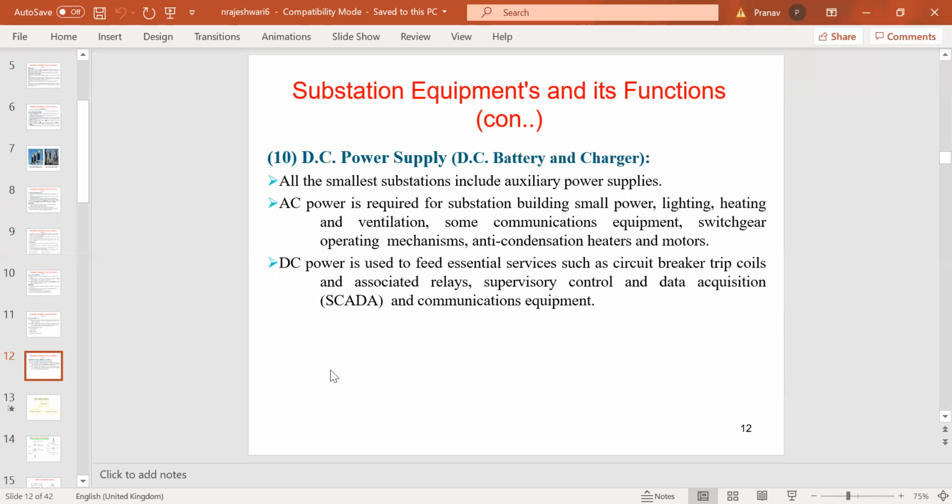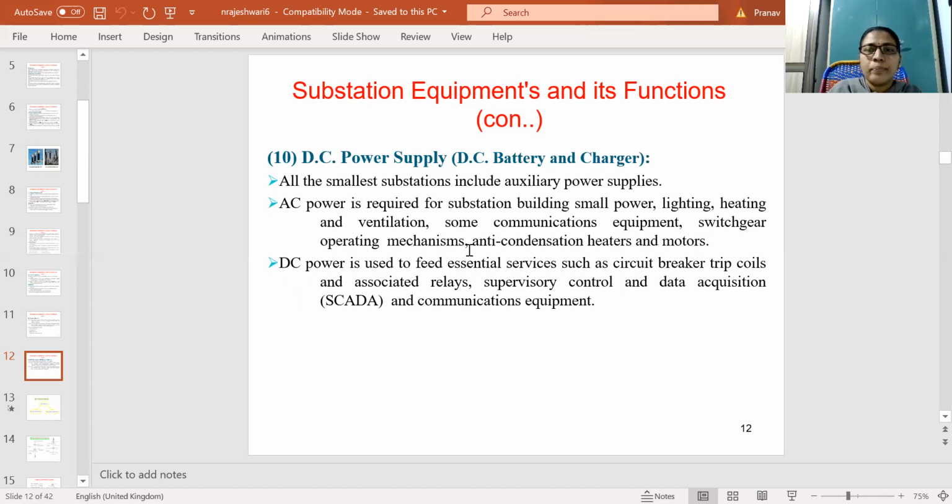AC power is required for the substation building, small power, lighting, heating and ventilation, some communication equipment, switchgear operating mechanisms, anti-condensation heaters, and also motors.